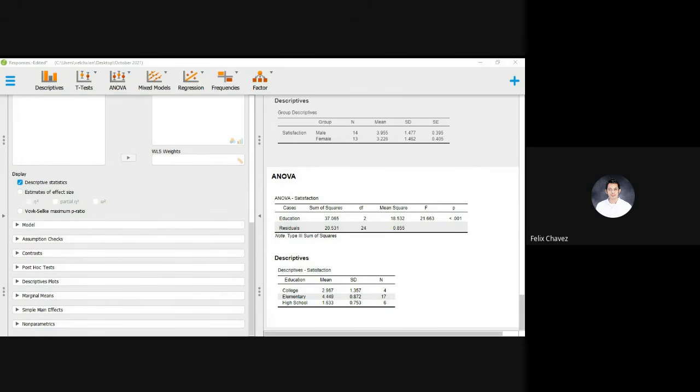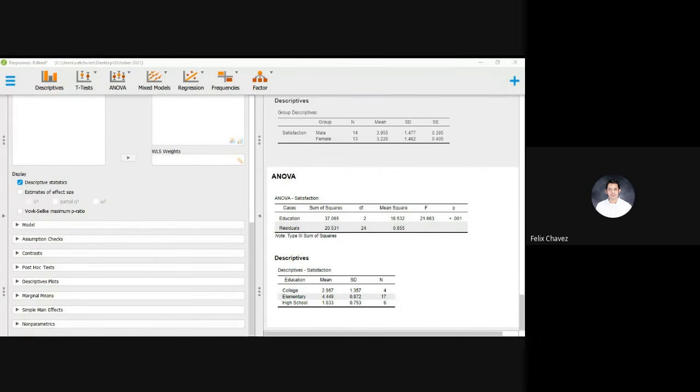We wanted to compare, kasi ang tanong diyan, which among the groupings have significant difference? Is it those customers at elementary level and college level, between college and elementary, between elementary and high school, or between college and high school?